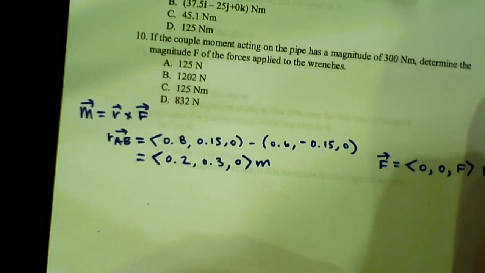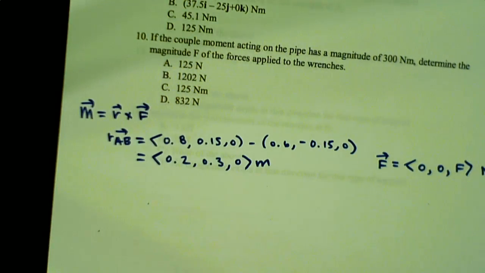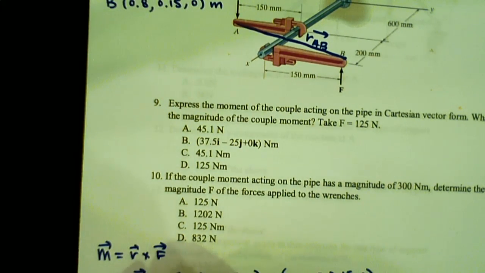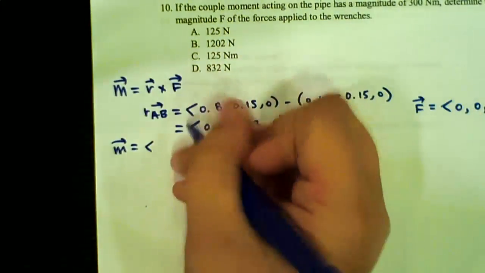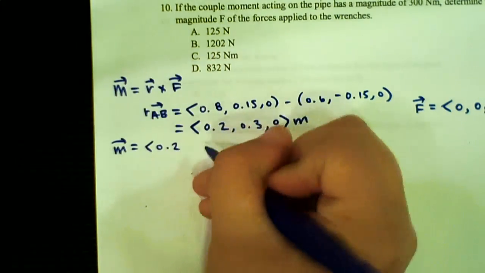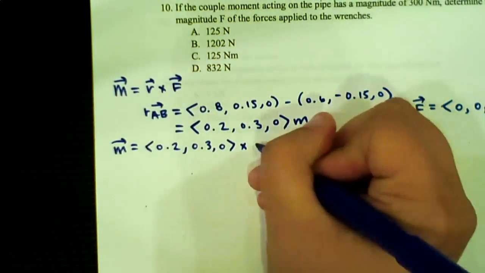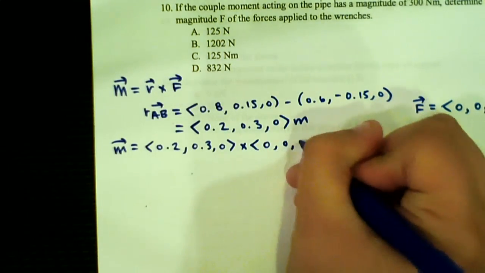If you did it on the other side, it would be negative F. So now putting that all into our moment equation, we have 0.2, 0.3, and then 0 crossed with our 0, 0, F.